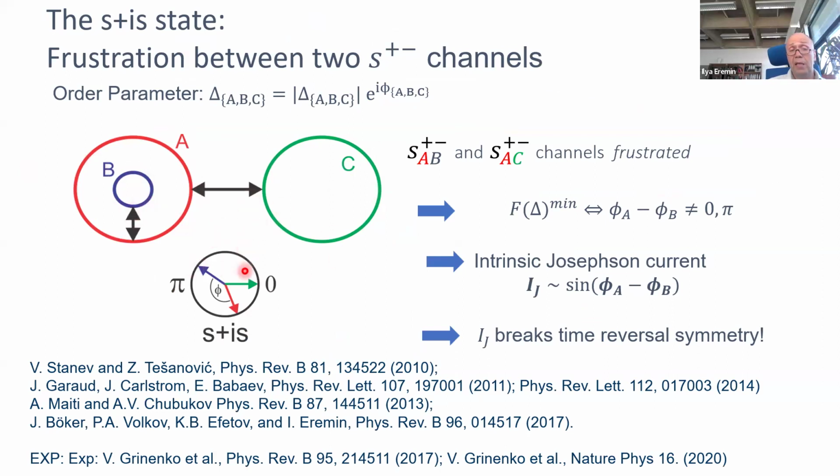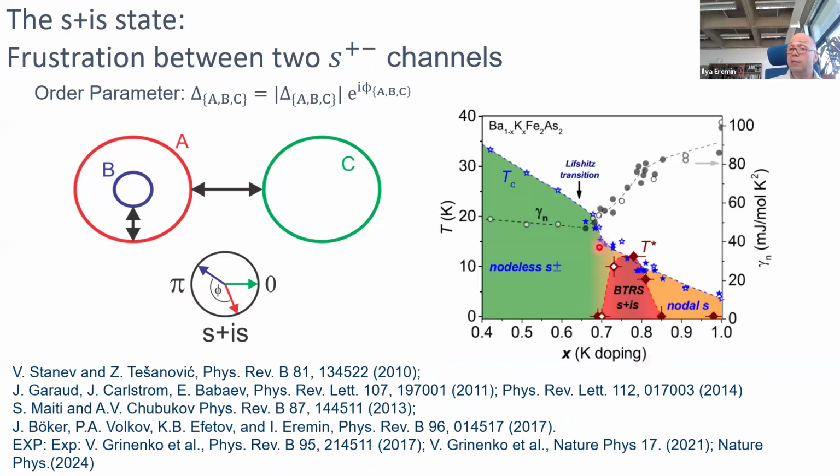So the relative phase will have to change between A and B from 0 to pi, but it can change continuously, which allows you to have a time reversal symmetry breaking S plus IS state. That has also been observed, and it is currently under investigation. There have been several Nature Physics papers on this, where people indeed observed the breaking of the time reversal symmetry by muons in this region and are trying to figure out the details of this state.